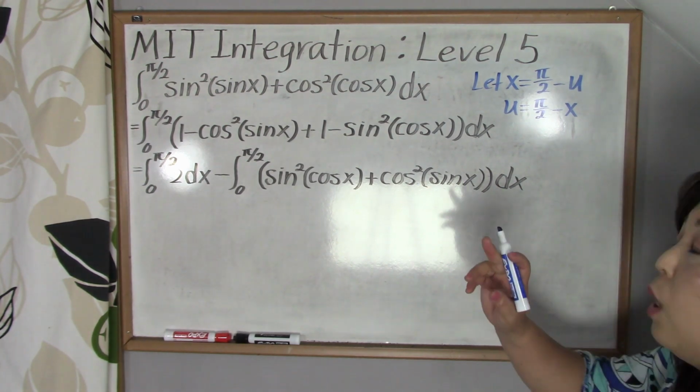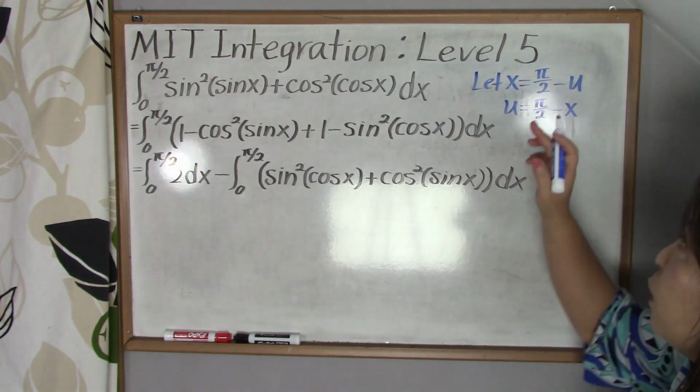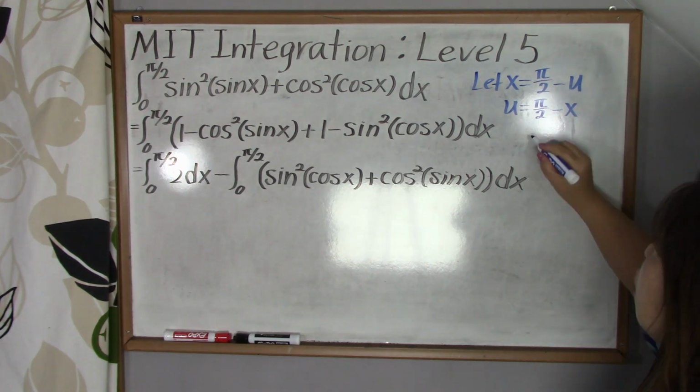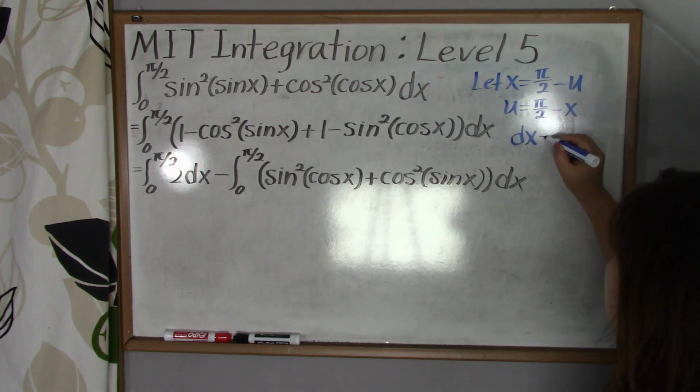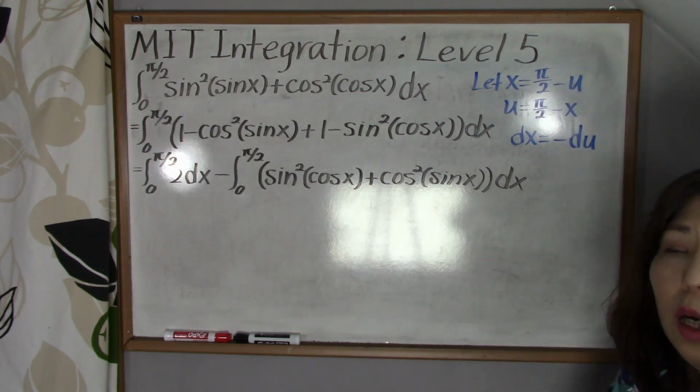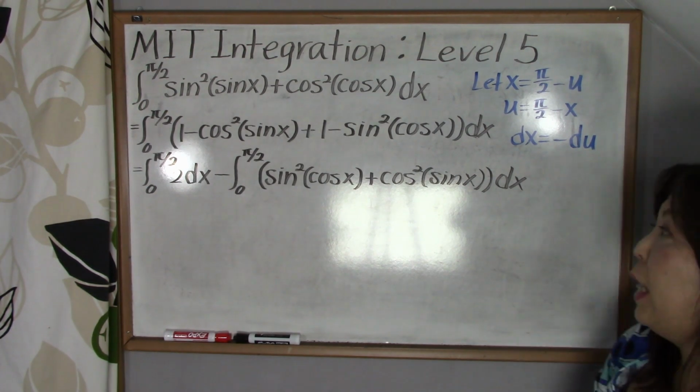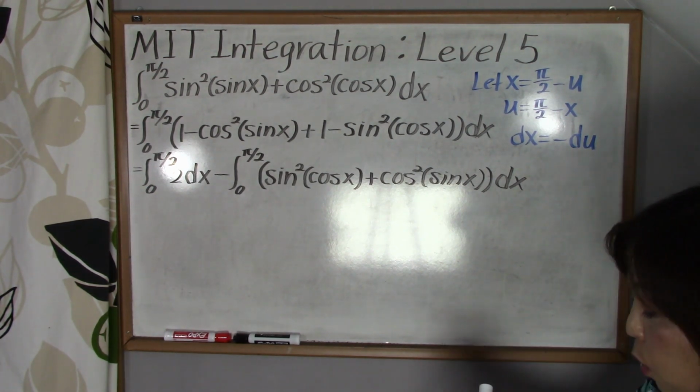Next step, we're going to differentiate this equation. So that is dx is equal to minus du.